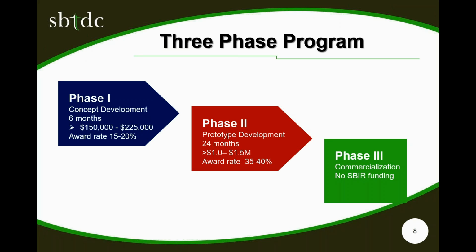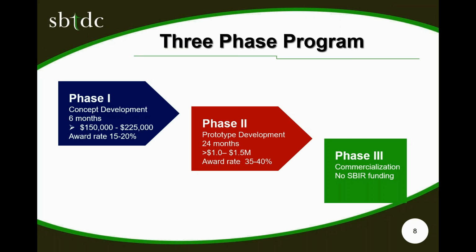If you're successful in proving feasibility of the research in phase 1, you're eligible to submit a proposal for a phase 2 award. And the phase 2 award is focused on prototype development. So further developing the results that you generated in phase 1.